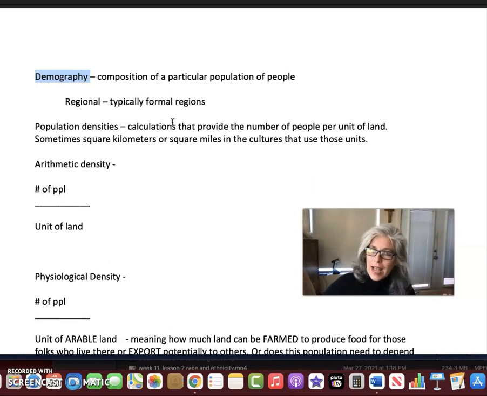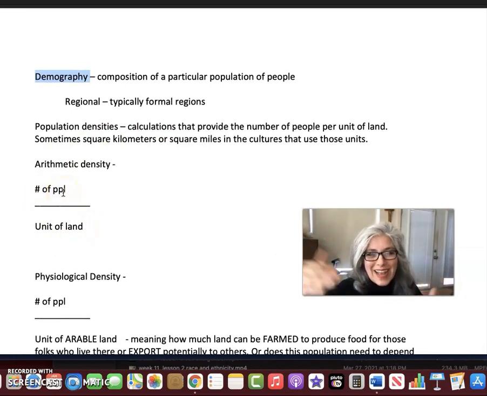Population density has to be calculated. So if, for instance, you're talking about the population density of a city like Little Rock compared to Pulaski County that it's a part of, you would ask how many square miles are in Little Rock compared to how many people live there.